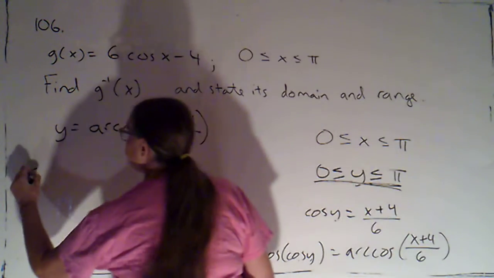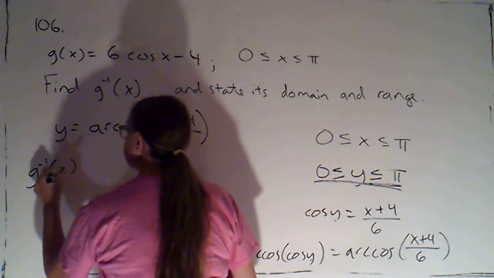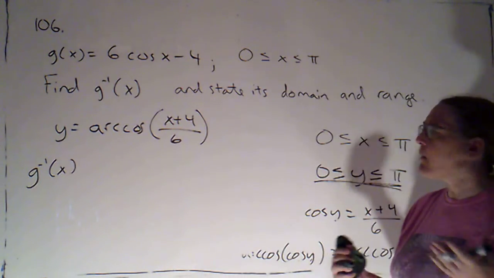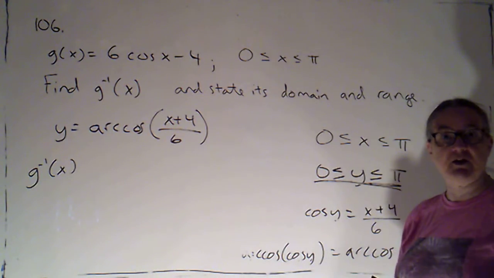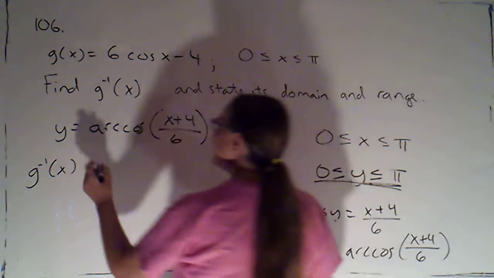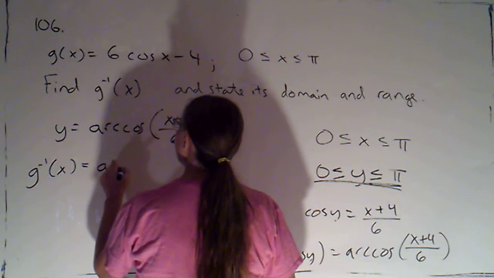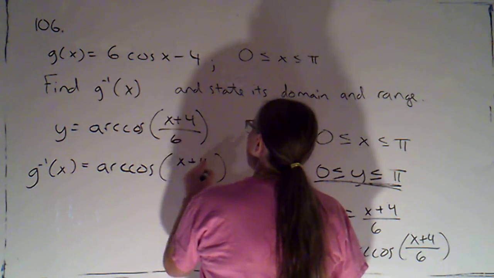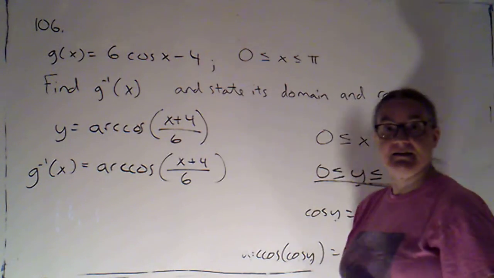So my formula for g inverse of x, I'm going to write it using the inverse function notation. That wasn't explicitly stated in the directions, but often it will be. So as always, read directions carefully. G inverse of x would be arc cosine of x plus 4 over 6.